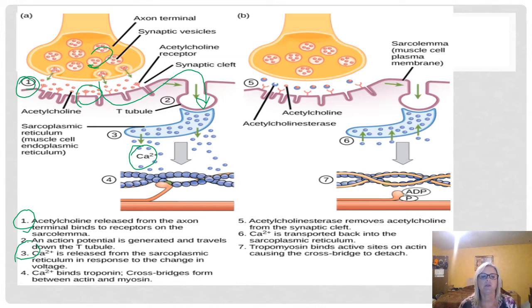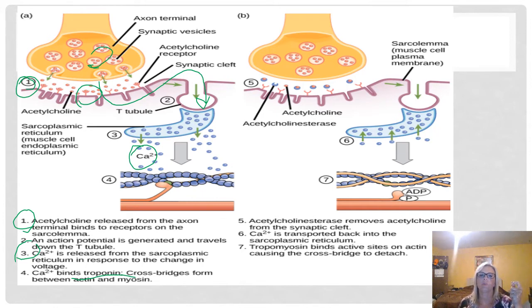So calcium is released. Calcium does what? Remember, calcium binds to troponin. It binds to troponin, and it uncovers tropomyosin, okay? So it forms what is called a cross bridge, okay? It forms a cross bridge. And so it uncovers tropomyosin, and so remember, then that handhold is exposed, okay?